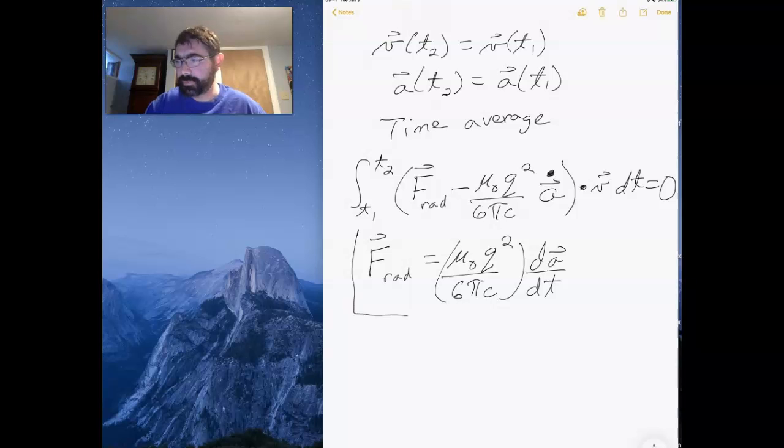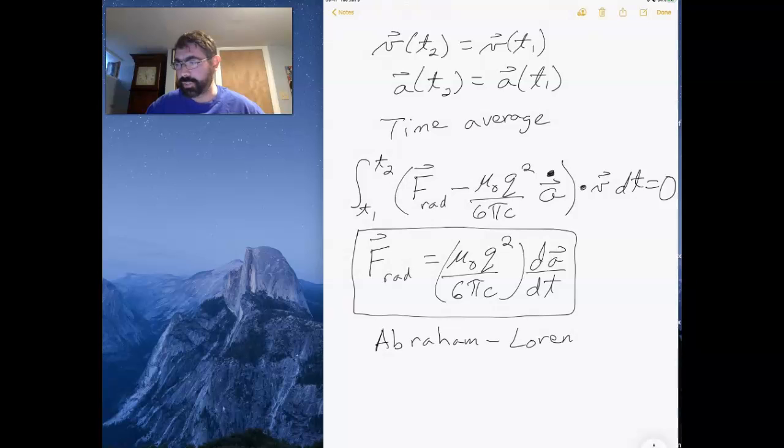Okay. So that's not really any force we've seen before. We've never seen a force where we look at the change in the acceleration with respect to time. Now this is actually called the Abraham-Lorentz equation. Okay.